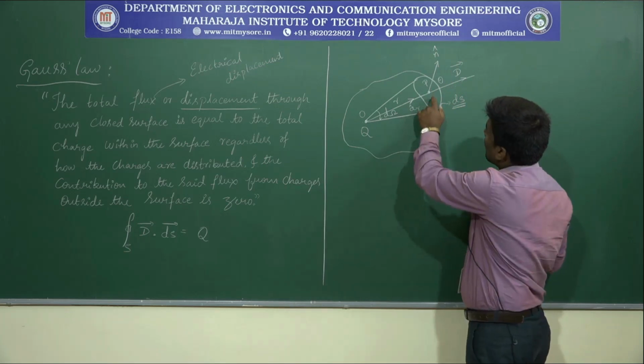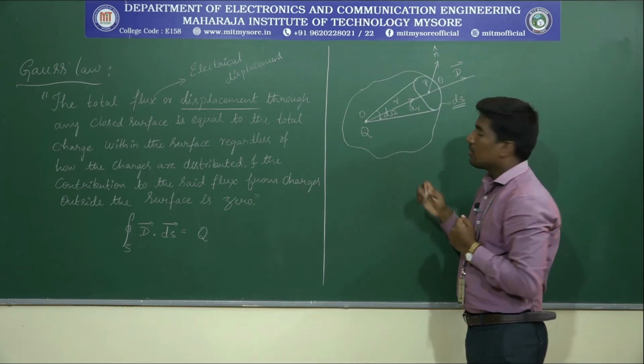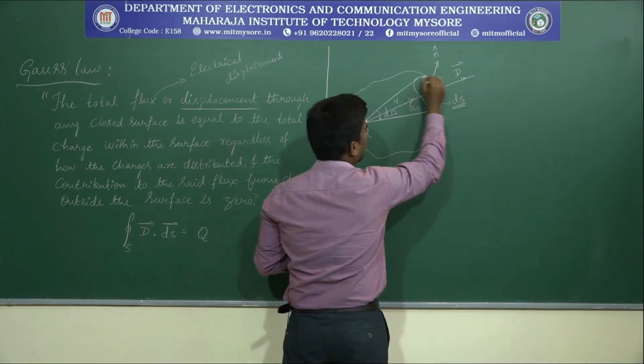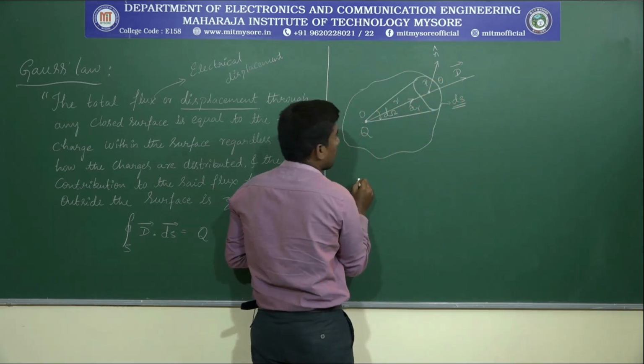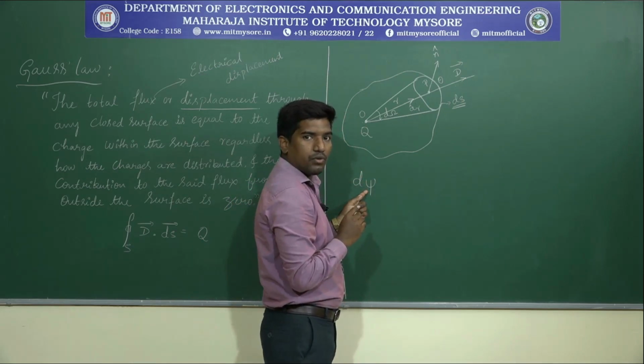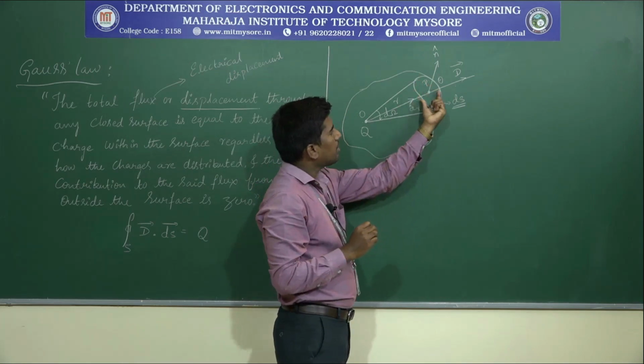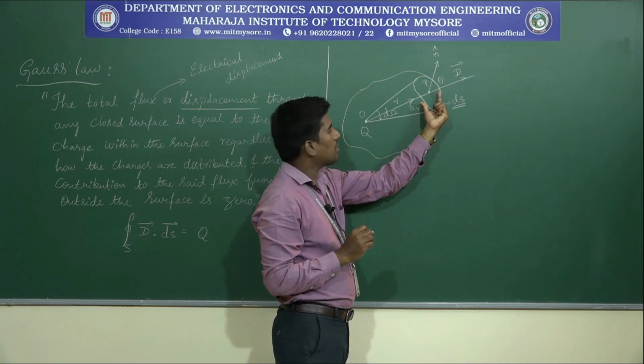So how do we obtain the electric flux out of this elementary surface ds? The electric flux due to this elementary surface ds is d psi. Psi is the symbol which we have used. D psi is the electric flux generated by this elementary surface ds.